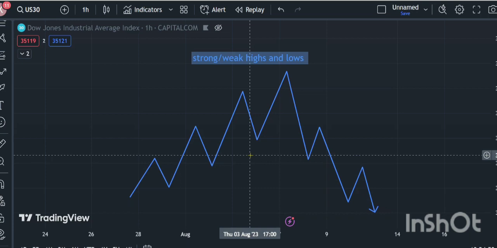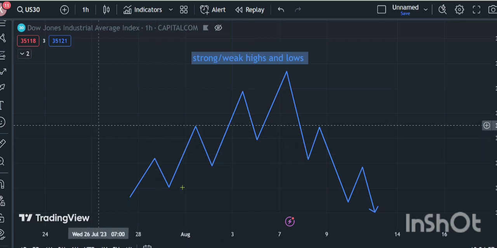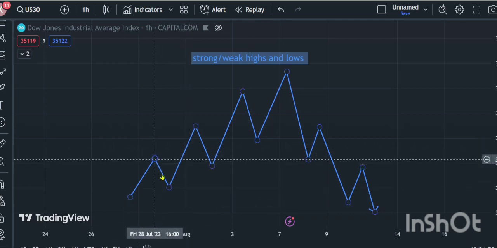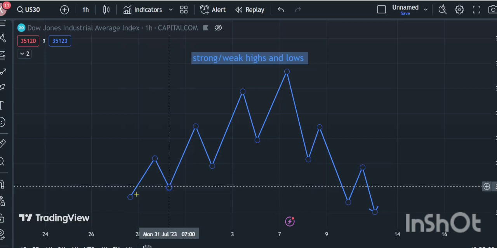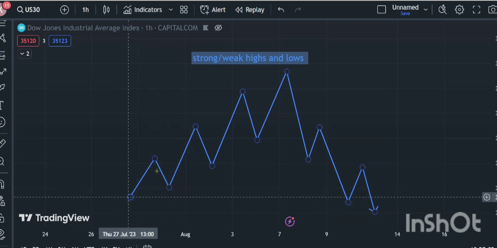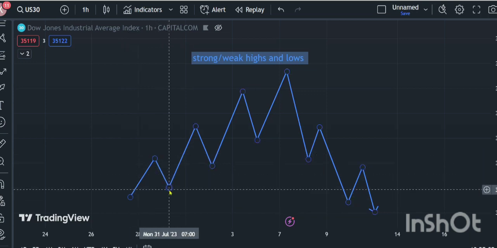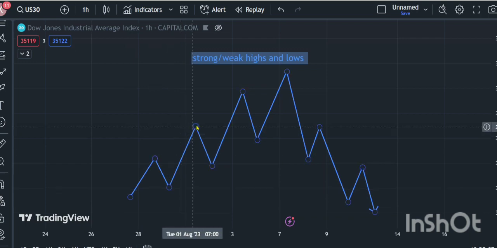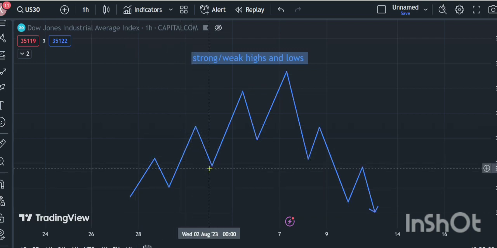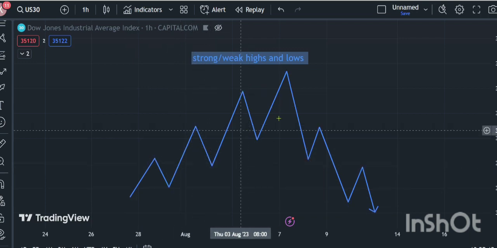Okay, and as it is making these moves, you notice that it keeps on making what we call highs and lows. So this is our high right here, this is our low. So market firstly trades from a low to a high, then back to a low, then back to a high, just like that. It keeps on making this move, not until we have what we call a break of structure.